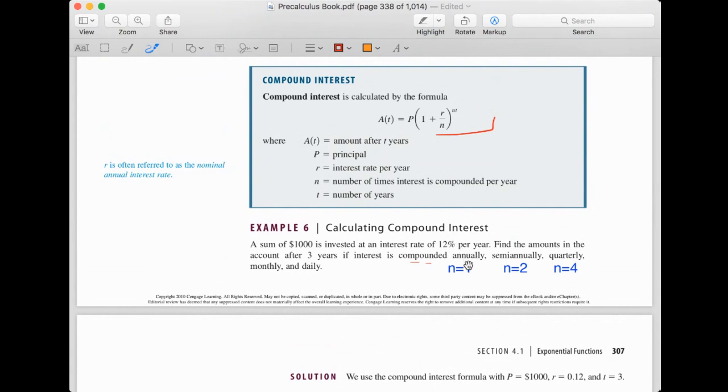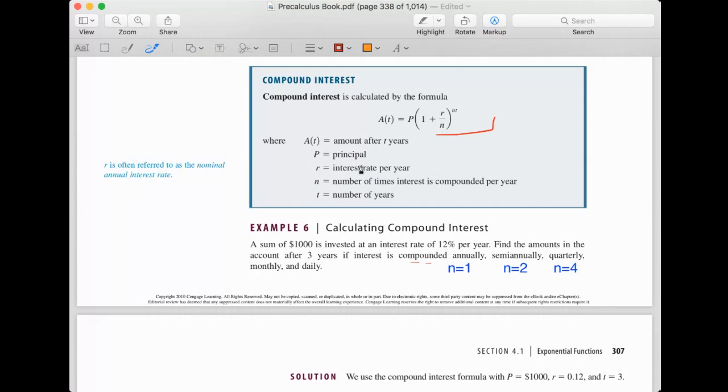So if it's annually, the interest on the $1,000 is calculated only once and then added to your account. So at the end of the year, you have $1,120. Semi-annually means calculated twice, and quarterly means calculated 4 times. So that's n.